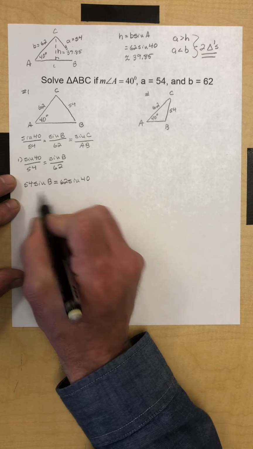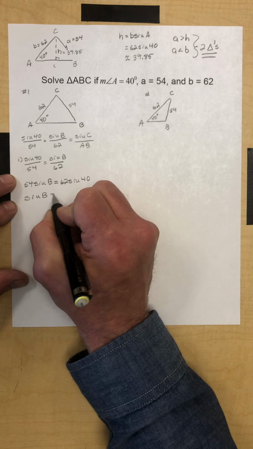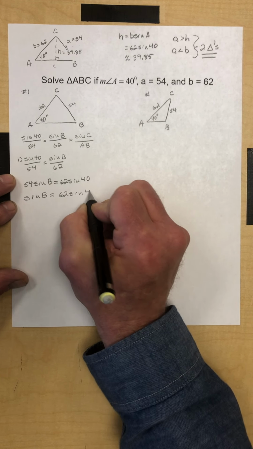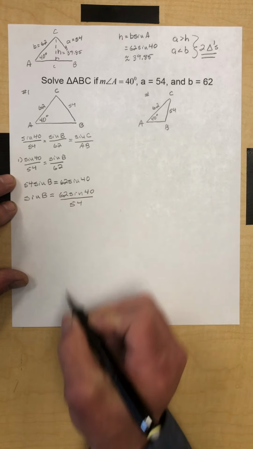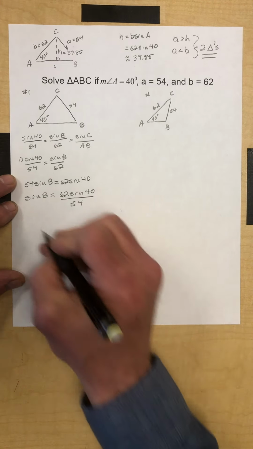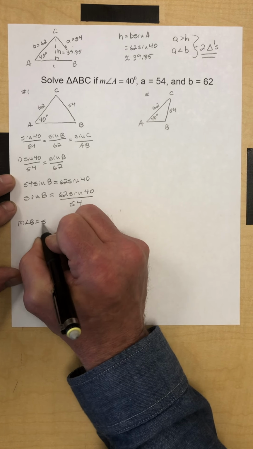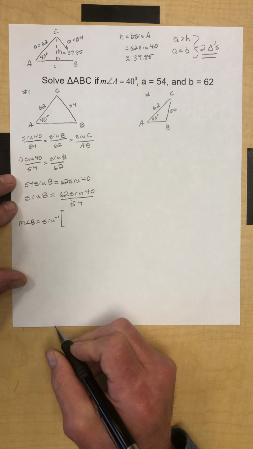Then I divide by 54. So the sine of angle B equals 62 times the sine of 40, all divided by 54. I want the measure of angle B, so I use sine inverse. The measure of angle B equals sine inverse of this entire ratio.